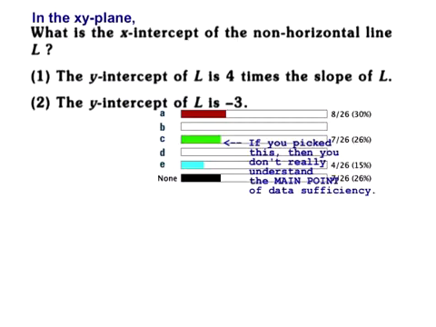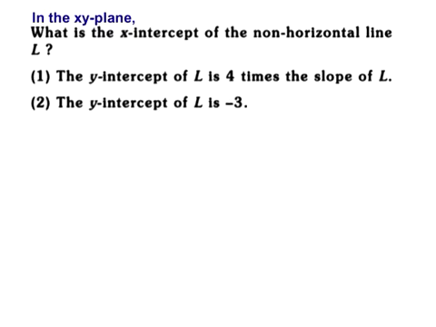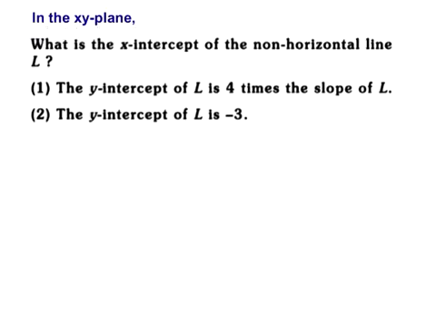The point is you have to know exactly what the goal of the problem is. So the goal of this problem is to find the x-intercept of the line. As soon as you have a decent amount of experience with data sufficiency, the instant that you see this, you should think, I need to find the x-intercept, and I am almost certainly not going to find the line.